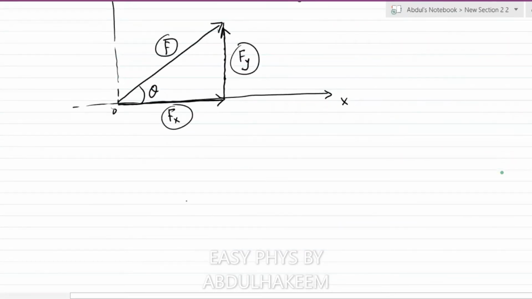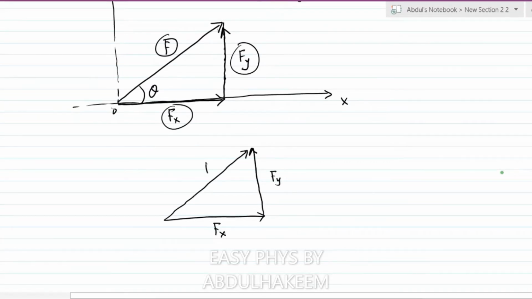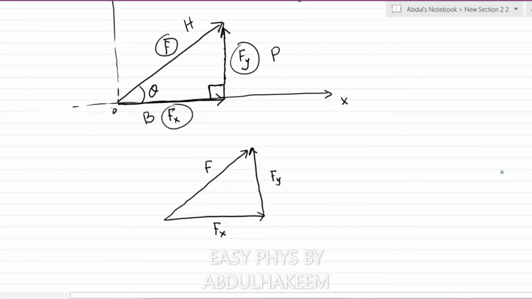According to the head to tail rule, when two components Fx and Fy are added, the resultant of these two is the answer vector. Now this is a right angle triangle, so the 90 degree angle is here. According to the math, the side opposite to the given angle is the perpendicular, the side opposite to the 90 degree angle is the hypotenuse, and the remaining side is the base.